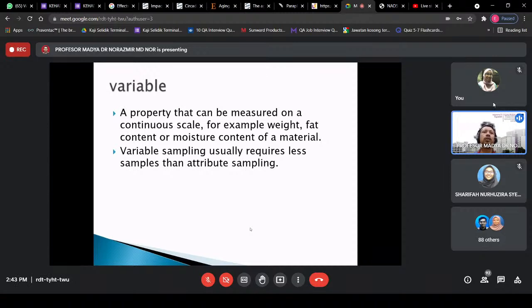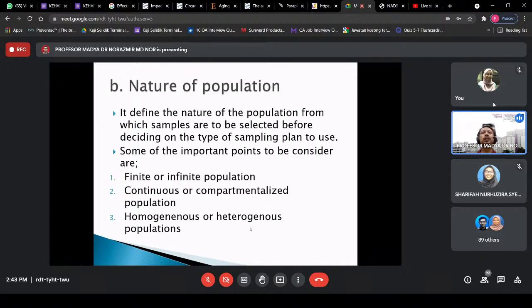So the variable sampling usually requires less sample than attribute sampling because the variable is already there. There is no add-on, something like the attributes. Okay, that's the first characterization of the sampling.